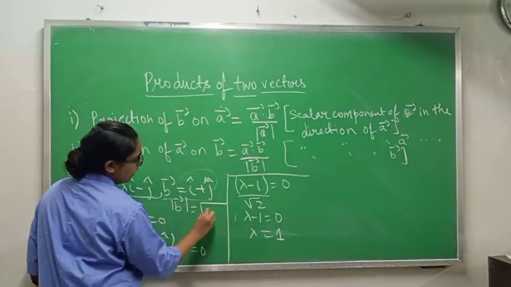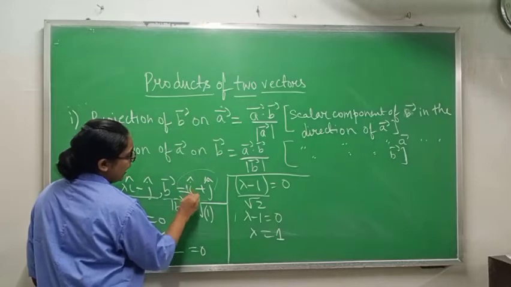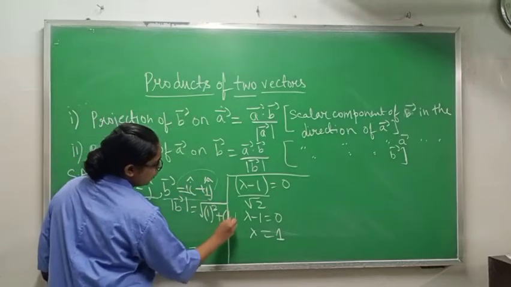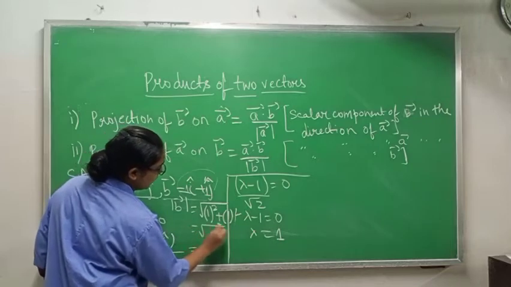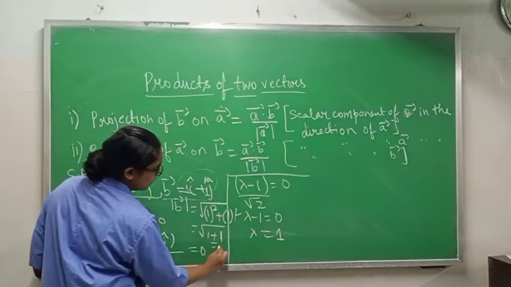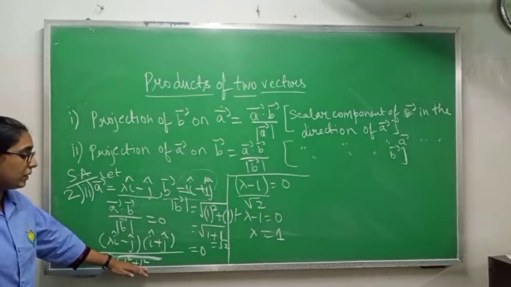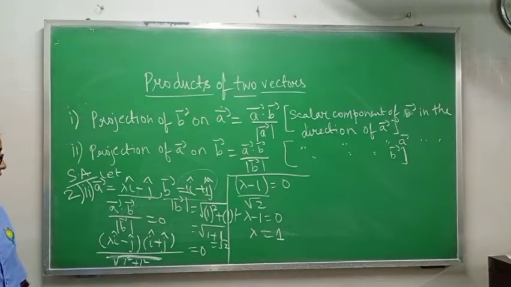Root over scalar component of i square plus j square, so you get root over 1 square plus 1 square, which is root 2.